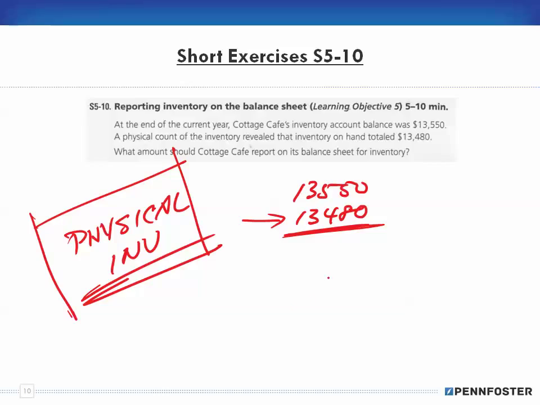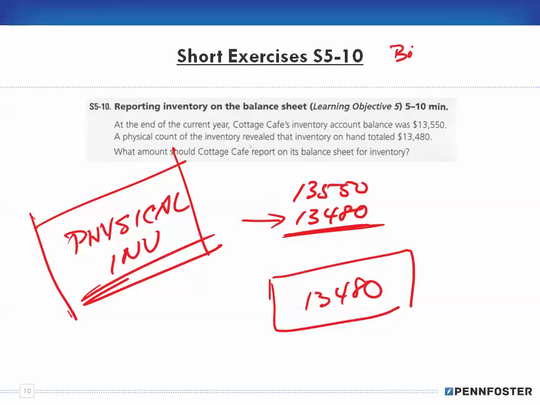And also take into consideration, let's talk about cartons of eggs. You can say in your freezer you have $13,480 worth of eggs in there. But remember, you had a beginning balance in that refrigerator, and then you made purchases, and you made more purchases, and you made more sales.